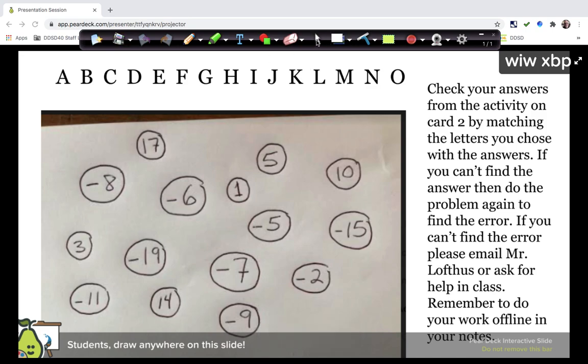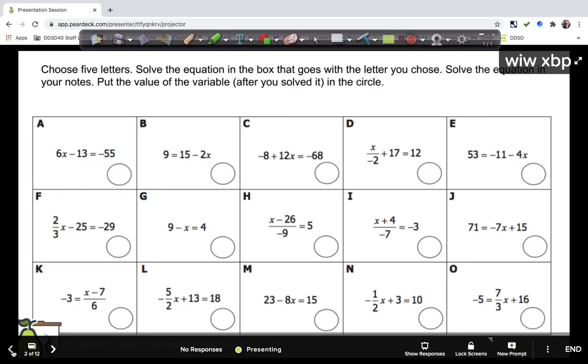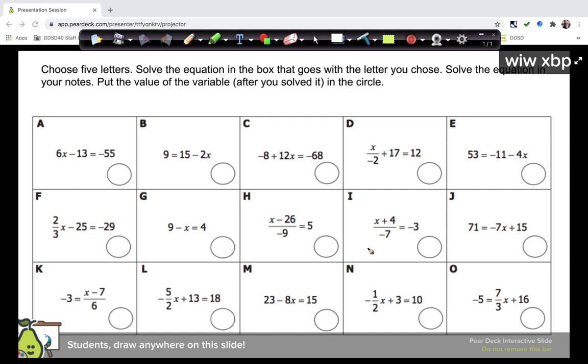Let's go back here and let's see what's going on with N. Maybe I wrote something down incorrectly, or maybe there's a mistake in the answer key. So N, I'm actually going to solve it right here. Let's go right here where I can see it. Okay. So this is negative 1/2 x plus 3 equals 10.